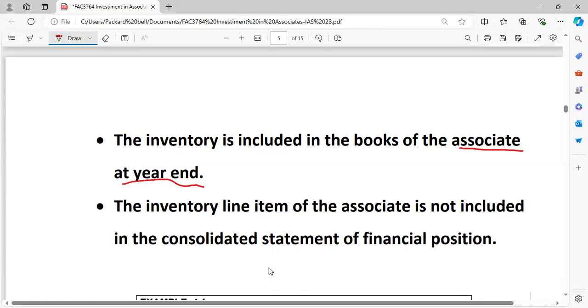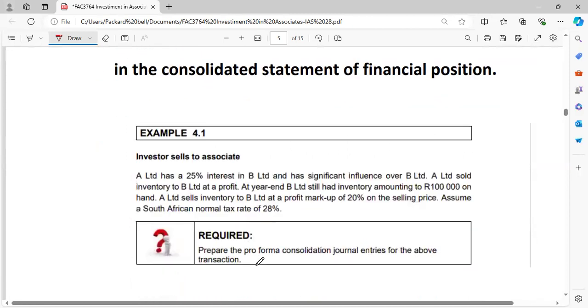Remember, we don't include the assets and liabilities of the associate when we do our consolidation. So anything that has to do with the inventory of the associate, we are not going to include in the statement of financial position. Right, let's look at what they say here.